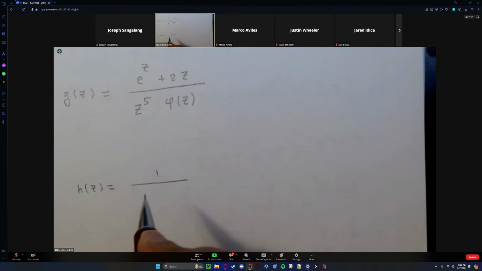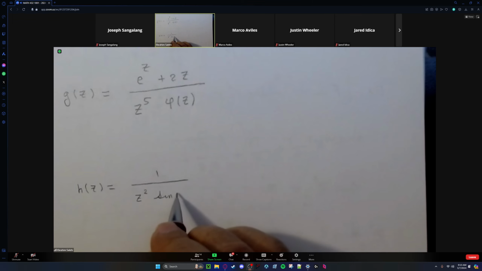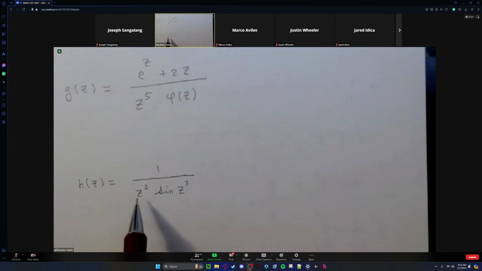One over z squared sine z cubed. Oh, look, z equals 0 is a singularity here, right?